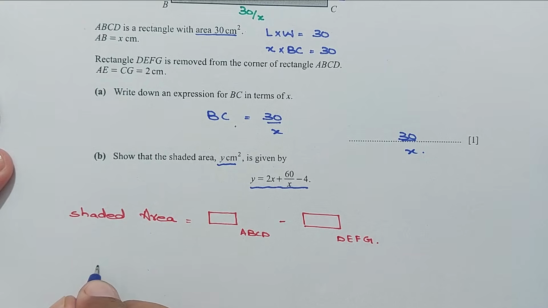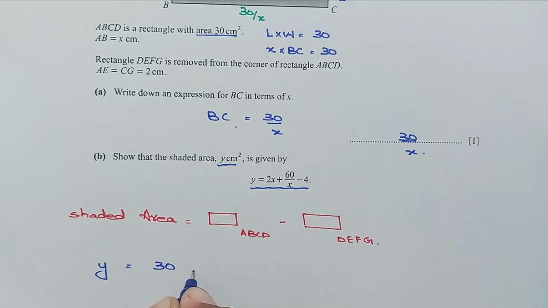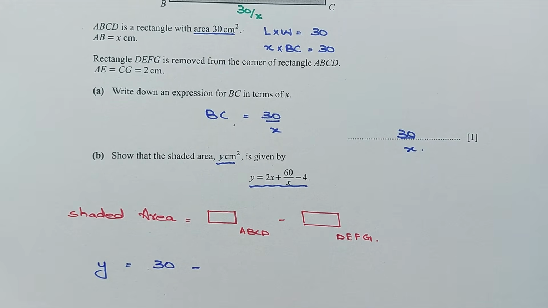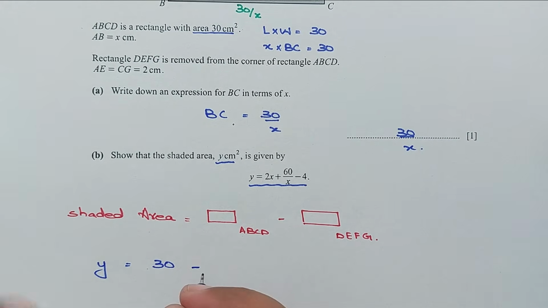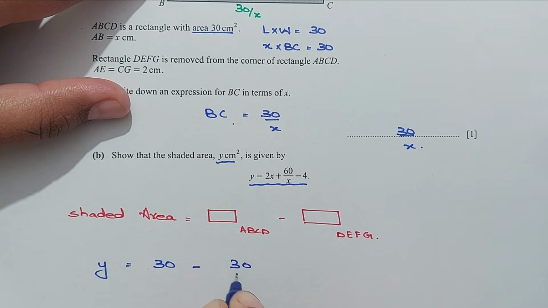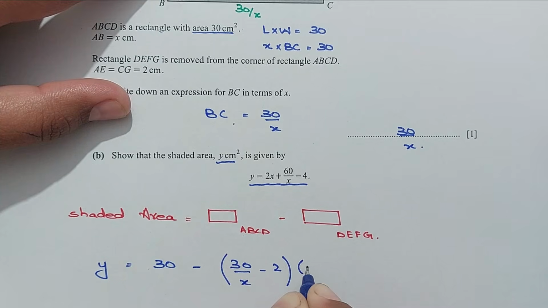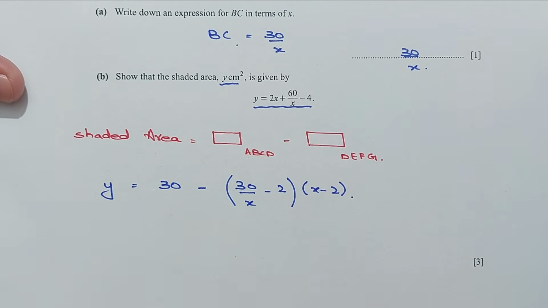So the shaded area, we have to name it as y centimeter square. The area of rectangle ABCD we have is 30. We have to subtract the area, which would be 30 over x minus 2 into x minus 2. Right, now let me simplify.